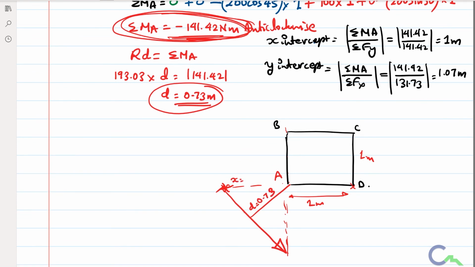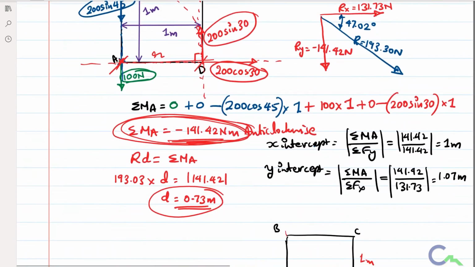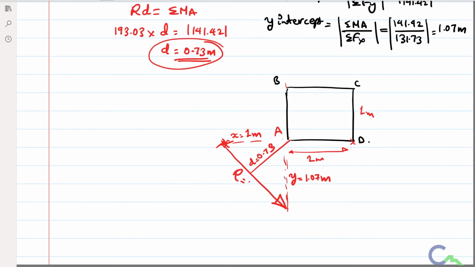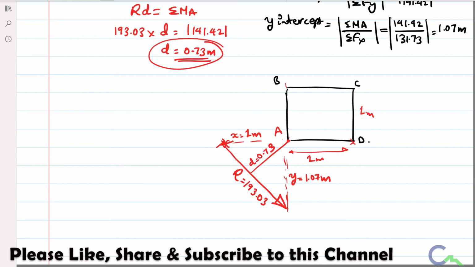The x-intercept we got is 1 meter, y-intercept 1.07 meter, and the resultant 193.03. So this is the final figure for this problem.